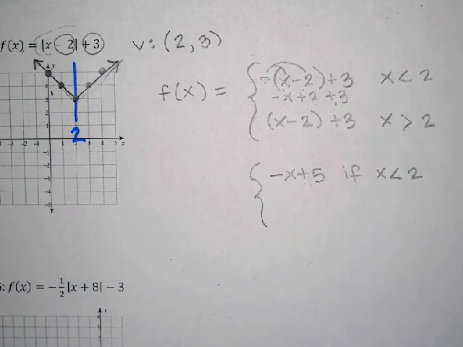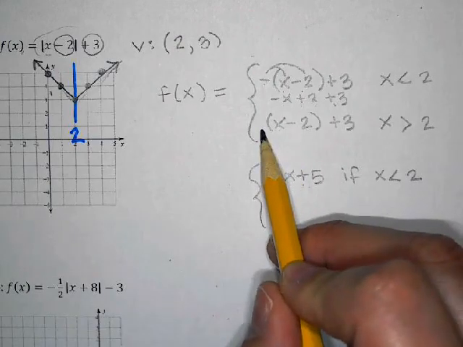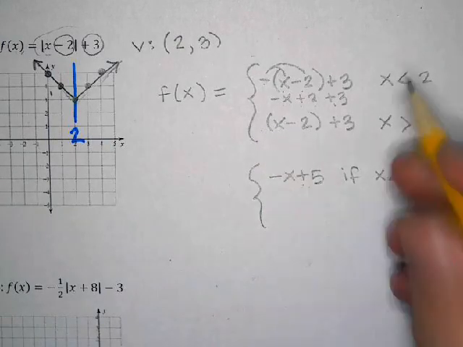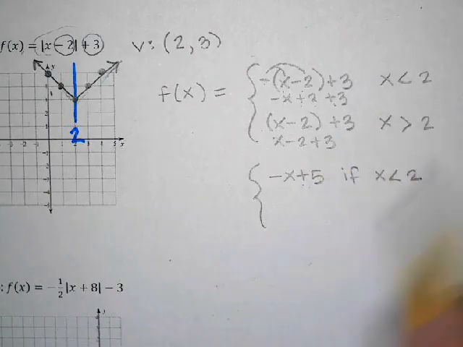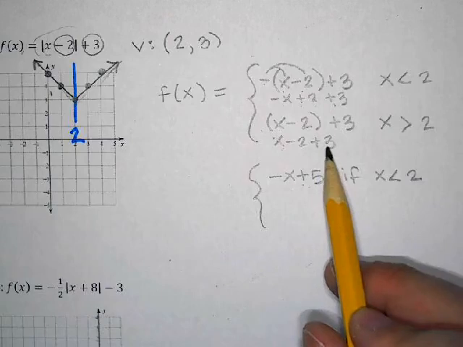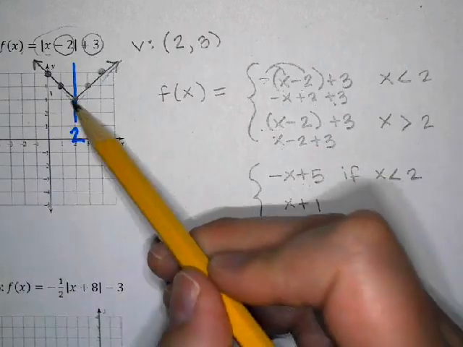And then over here, we don't really have anything to distribute inside the parentheses, so we're just going to say x minus 2 plus 3. And if I have x minus 2 plus 3, what do I get? x plus 1.